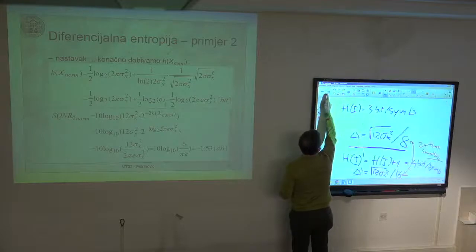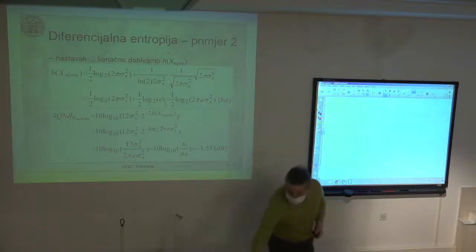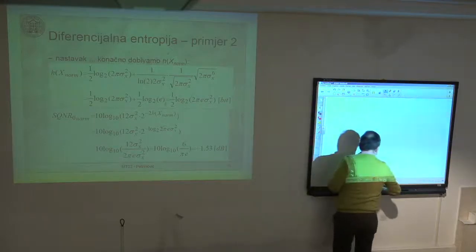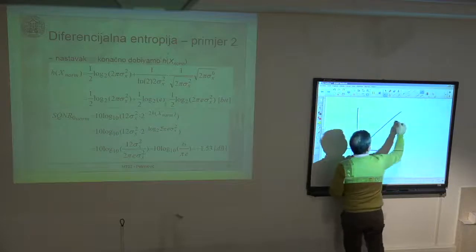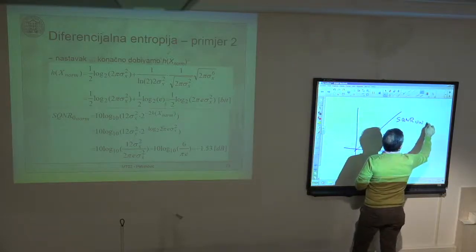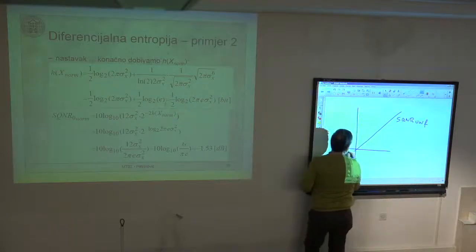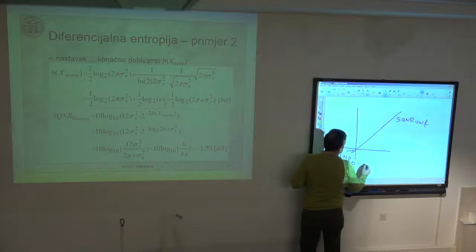Minus 1.53 dB. So it shows that the S2R curve for the normal distribution is lower than the S2R curve for the uniform distribution. So if I compare two curves, this is S2R for uniform, because it has this value, S2R0, equal to 0 dB.